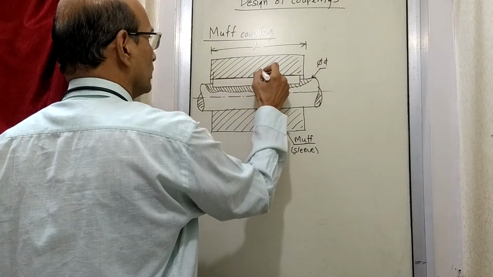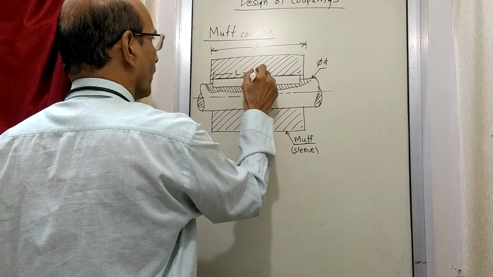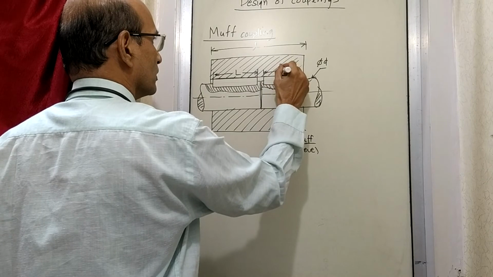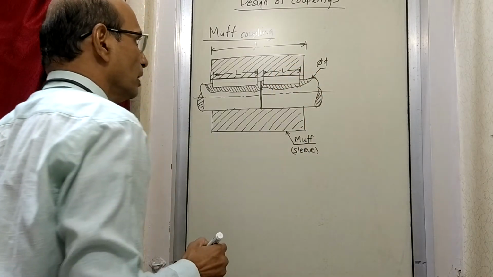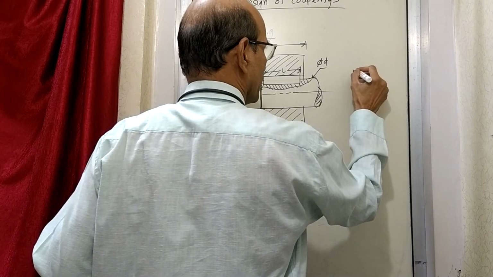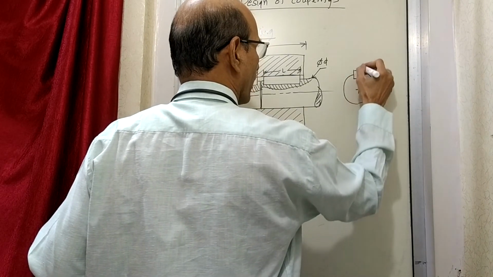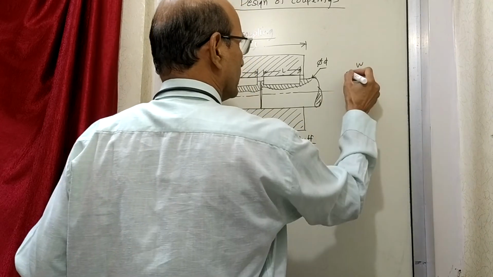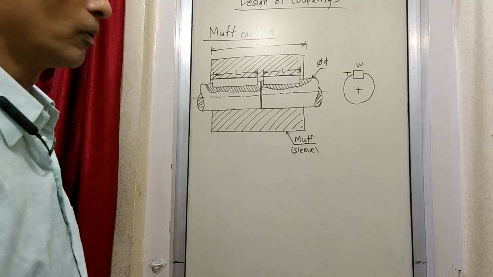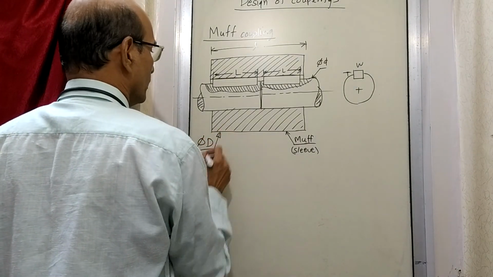Then this is the length of the key, small l, same as this length of the key, and then the cross section, which is already decided earlier, W by T. Then the outside diameter of the sleeve is capital D.